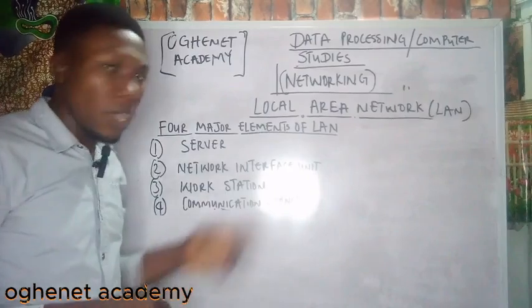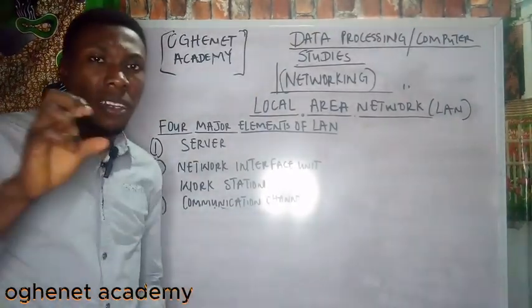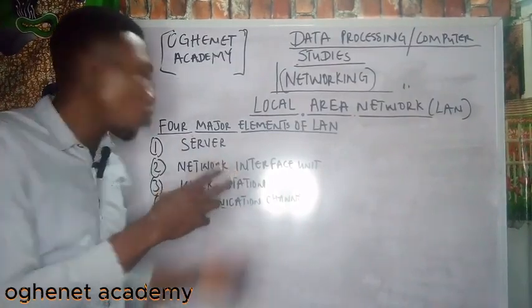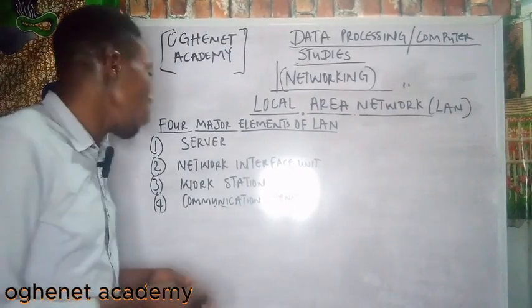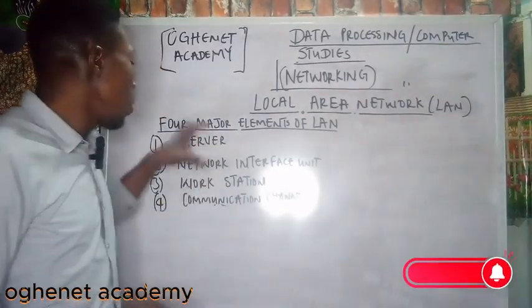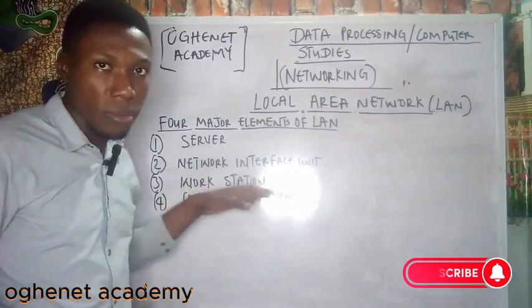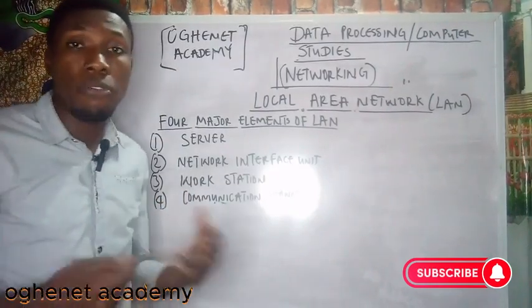In the previous videos, you will see where I talked about the fact that the data stored in the server has to be transmitted or transferred from the server to the workstation. But before that transmission takes place, it will be converted.